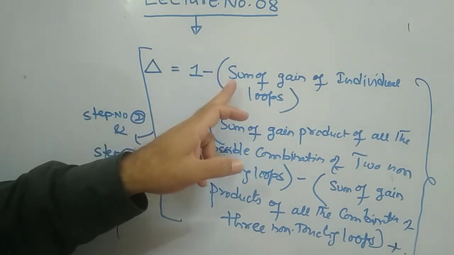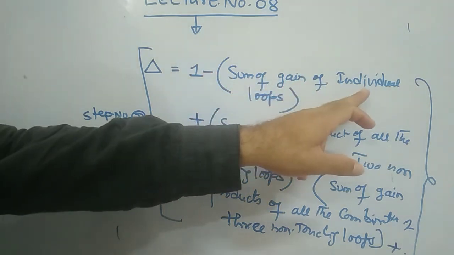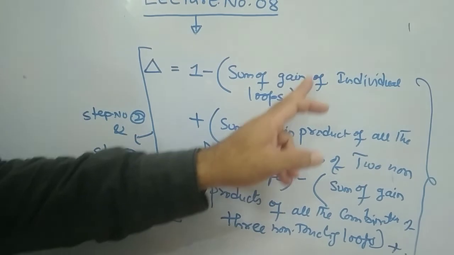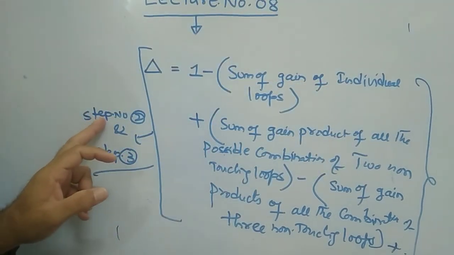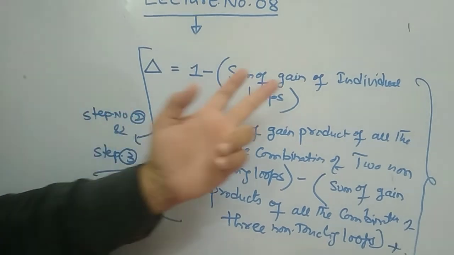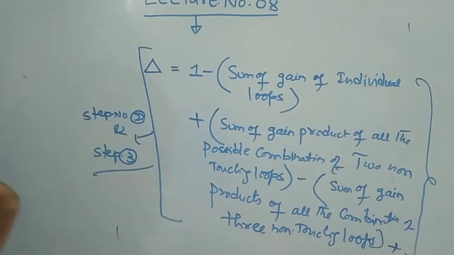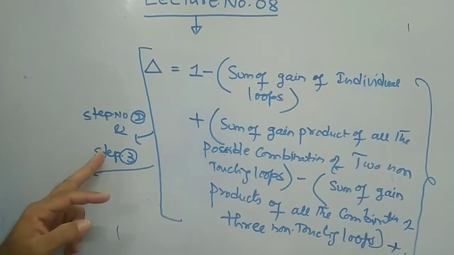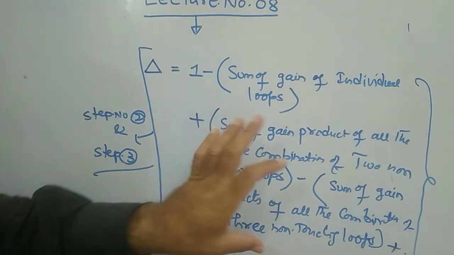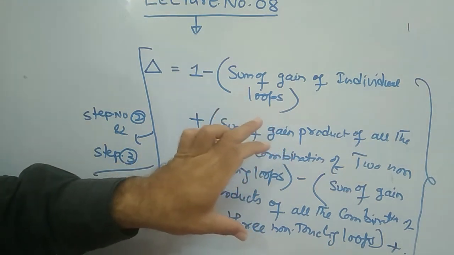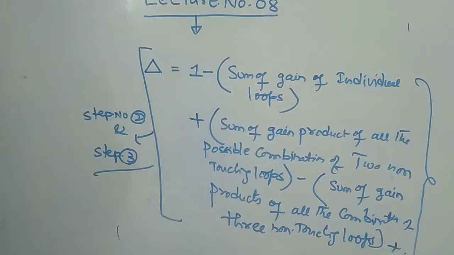So the sum of gains of individual loops is L1 plus L2 plus L3 if three individual loops are there. Then in step number 3, you find the two non-touching loops and three non-touching loops, and apply them here. This is the formula.